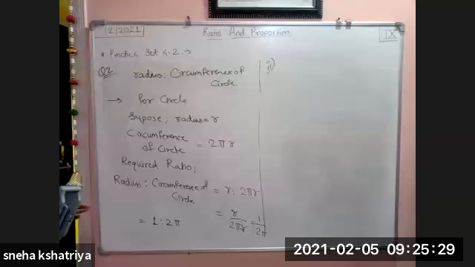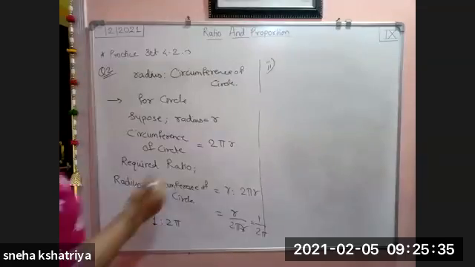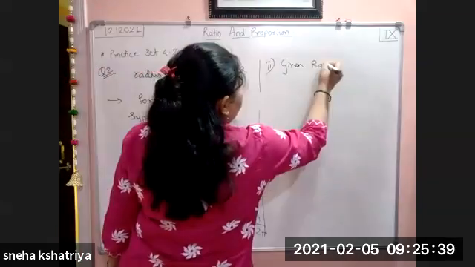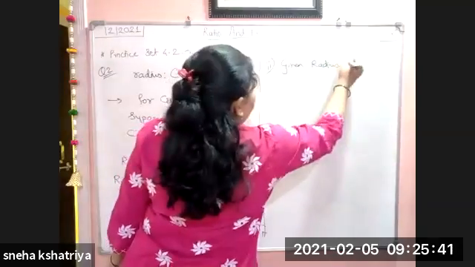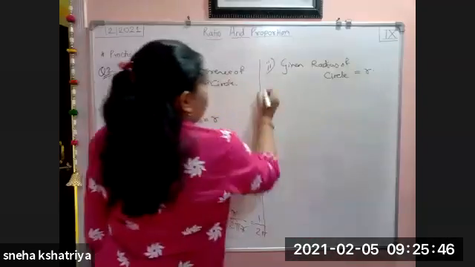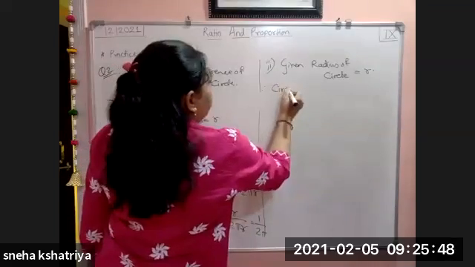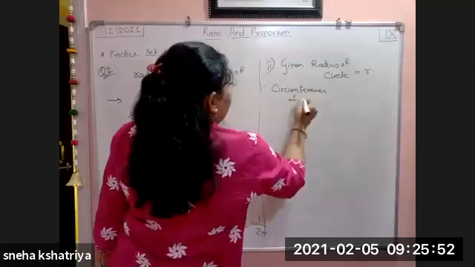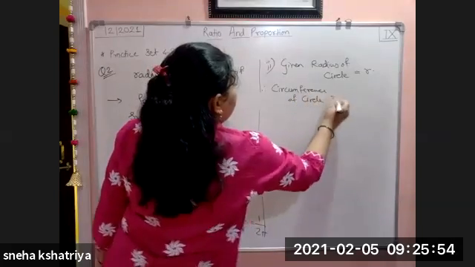We have to take the ratio of the circumference and area of the circle. And for that they have given that the radius is equal to R. Given, the radius of the circle is equal to R. Therefore, the circumference of the circle.